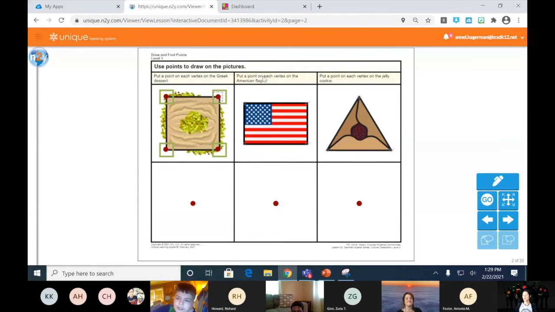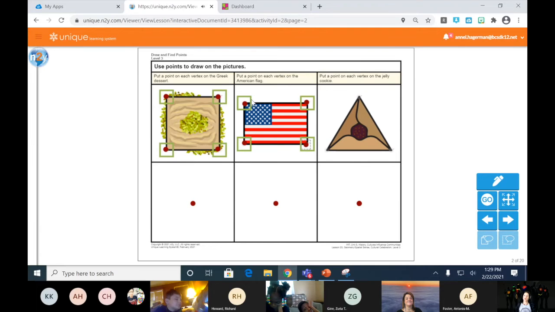Looks yummy. Now the next one says, put a point on each vertex on the American flag. Okay, so we need to find each vertex on the American flag, and the point goes on the vertex where the 2 lines meet. So here's 1, 2, 3, and 4.